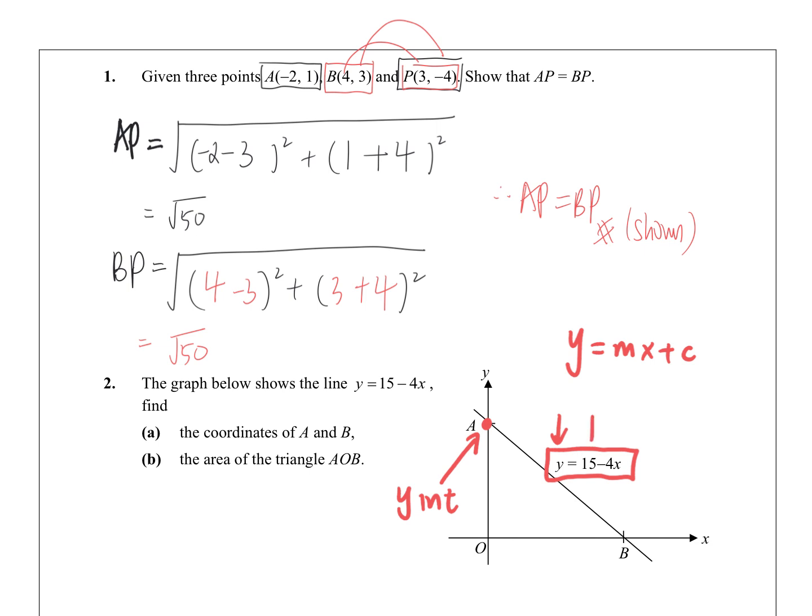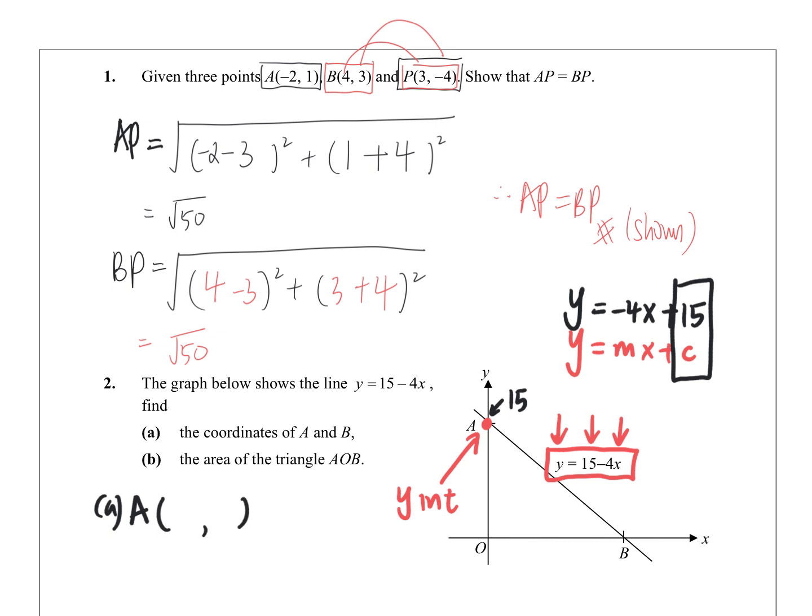I only have 3 values. Minus 4 is in front of x, so this is the gradient. So what is the y-intercept? 15. If I rearrange this, y equals minus 4x plus 15. I know that my y-intercept is 15. It cuts the y-axis at 15. So what is then the coordinate of A? 0, 15. Okay, because the x is 0.